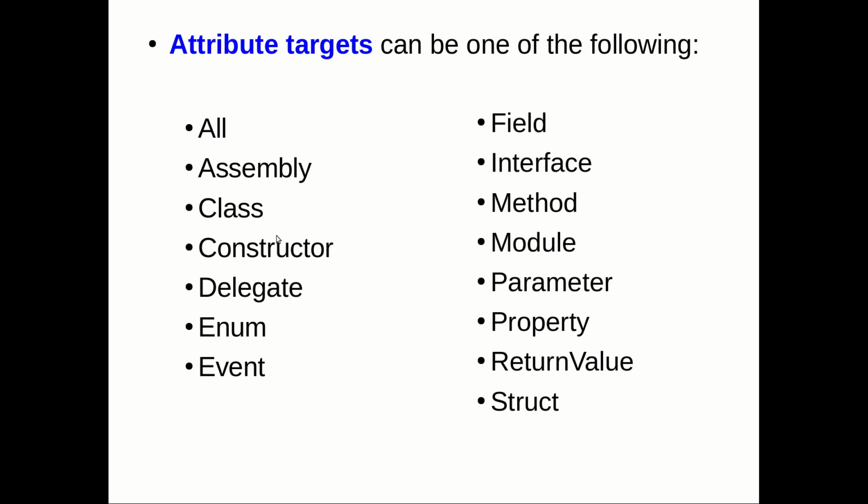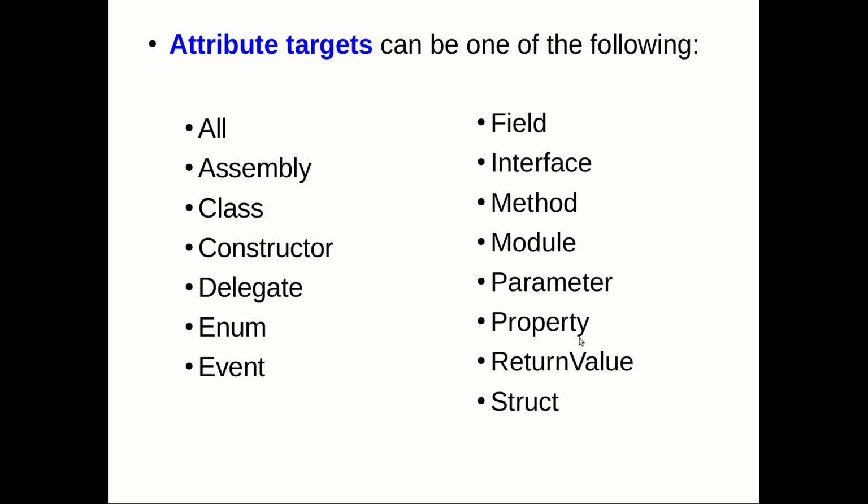Suppose, for example, you want to specify to the user that there is no default constructor overloaded in a class. You want to give that information, then you can add an attribute to that particular constructor. Or you want to add an attribute to a delegate, or to a method, or to a particular property. For all these targets, you can easily add an attribute.